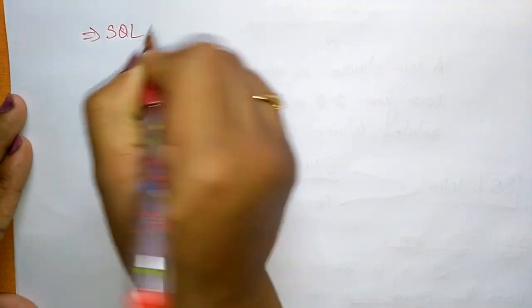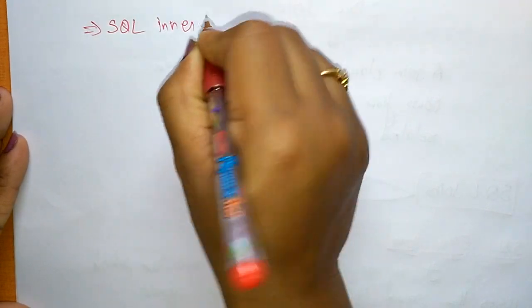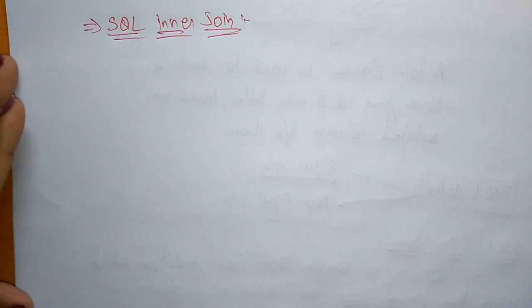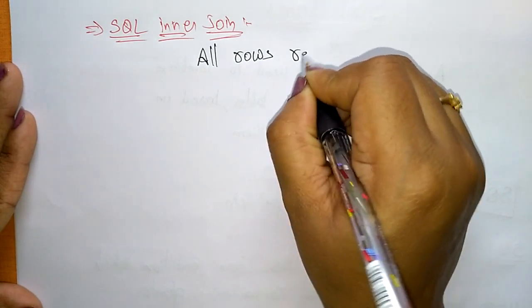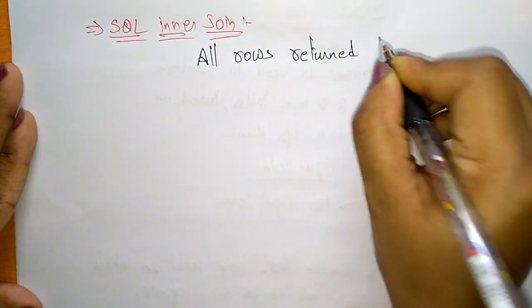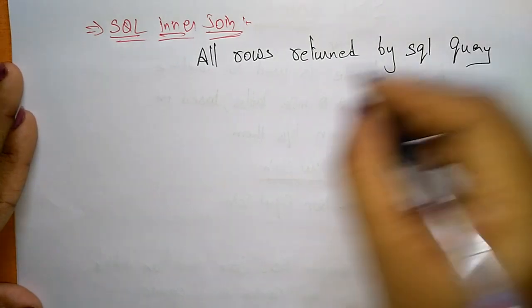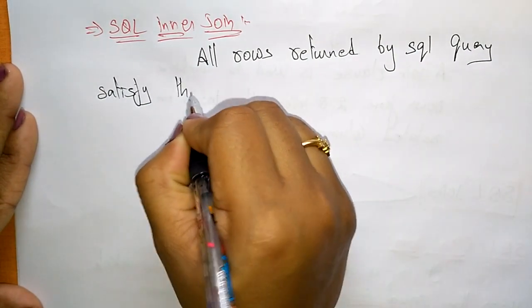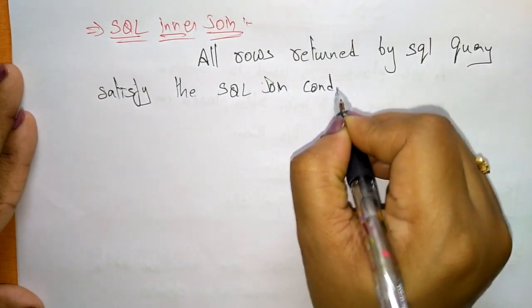Now let us see what is SQL inner join. All rows returned by the SQL query satisfy the SQL join condition specified.